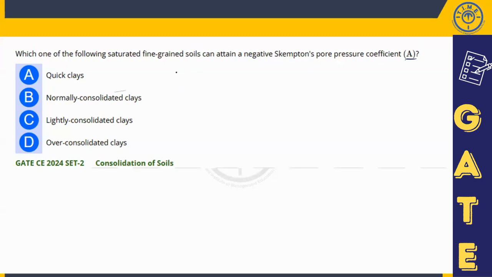Skempton pore pressure coefficient A, I'm writing it down.